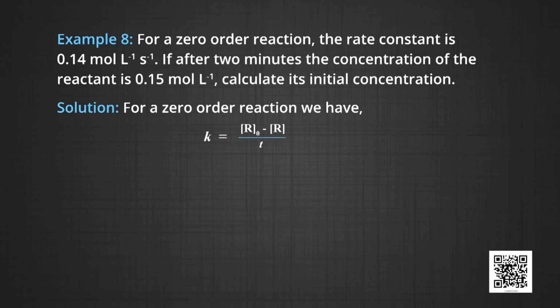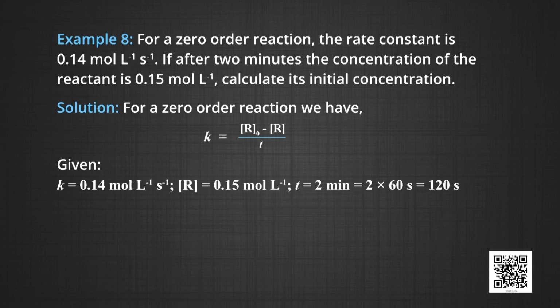Now, answer is, for a zero order reaction, we have K is equals to R naught minus R by T. The given value for K is equals to 0.14 moles per liter per second. Now, the molar concentration of R is equals to 0.15 moles per liter. Time t is equals to 2 minutes.